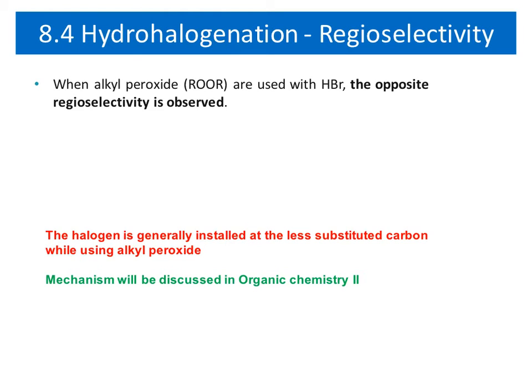However, we need to see what's happening in the reaction. So if you look at this example, we still have an alkene and we are still using HX such as HBr. Now if you add alkyl peroxide, a trace of alkyl peroxide is enough, we see that bromine will be added to the less substituted position and hydrogen will be added to the more substituted carbon.